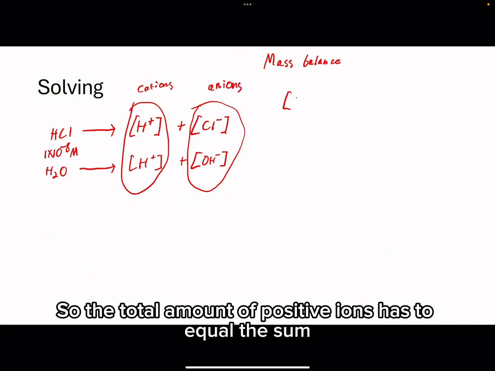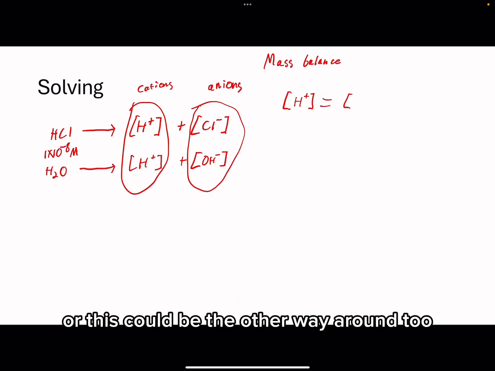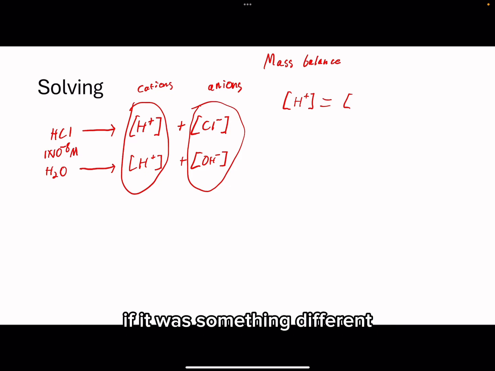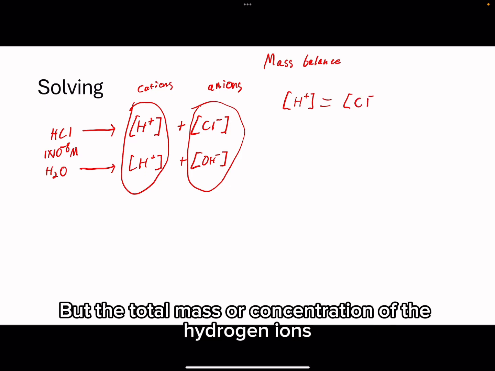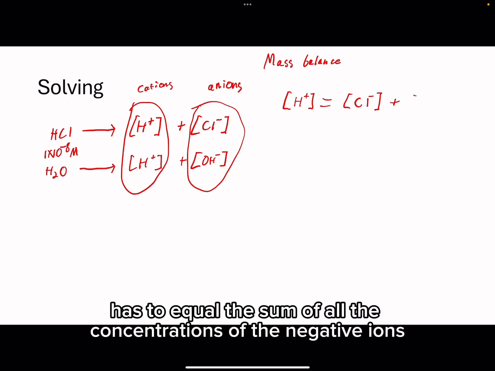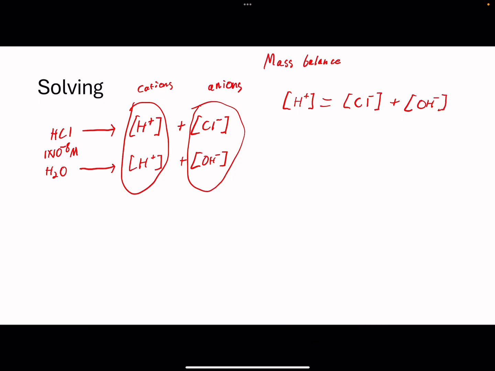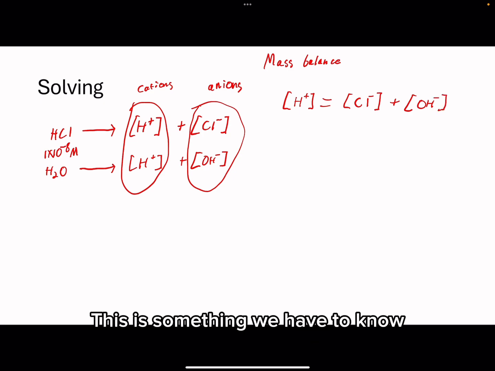So the total amount of positive ions has to equal the sum, or this could be the other way around too if it was something different. But the total mass or concentration of the hydrogen ions, the positive ions, has to equal the sum of all the concentrations of the negative ions. This is something we have to know.